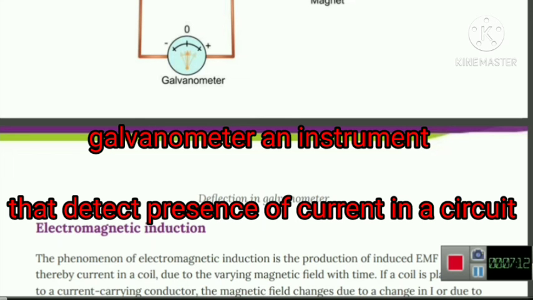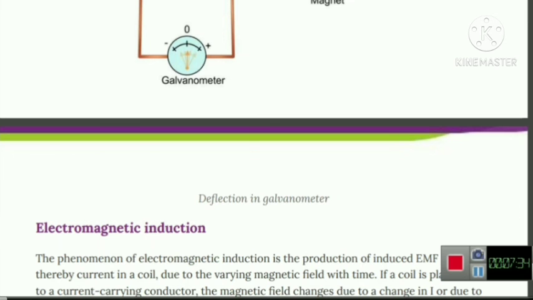So a galvanometer is an instrument that can detect the presence of current in the circuit.